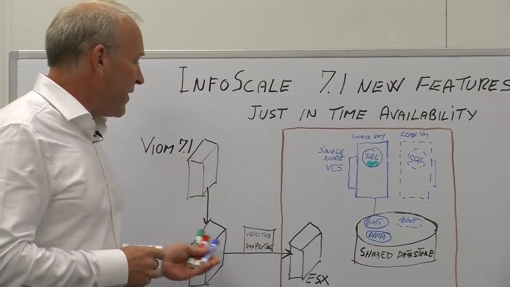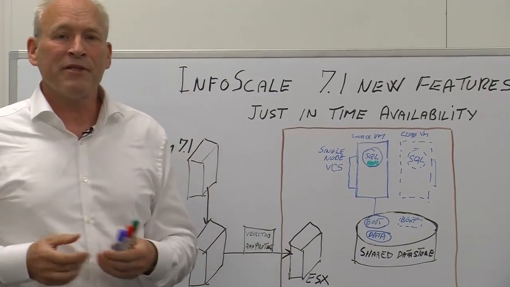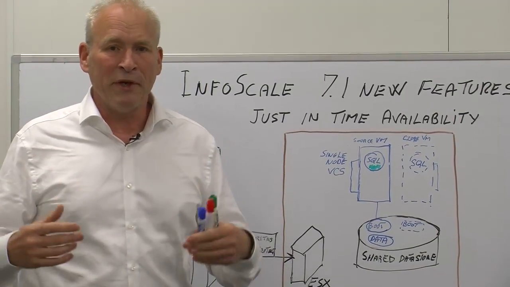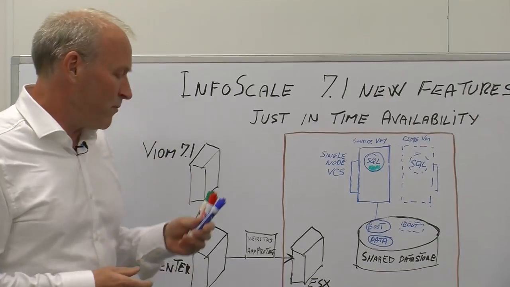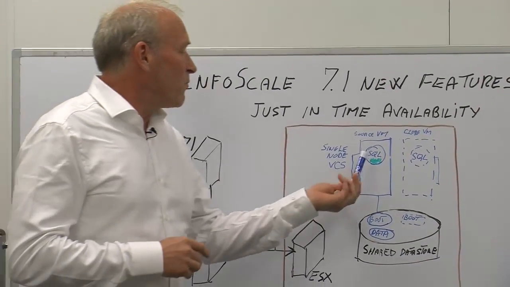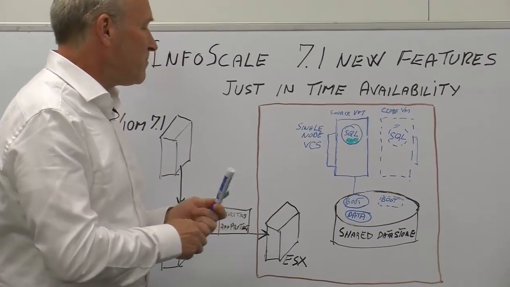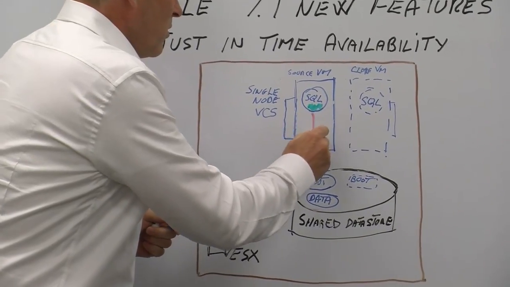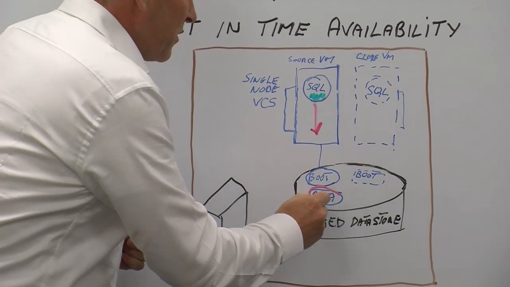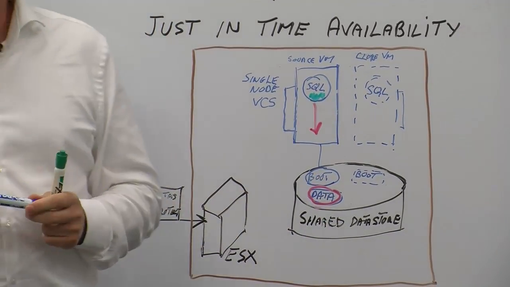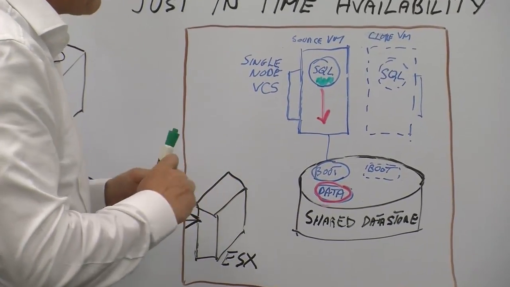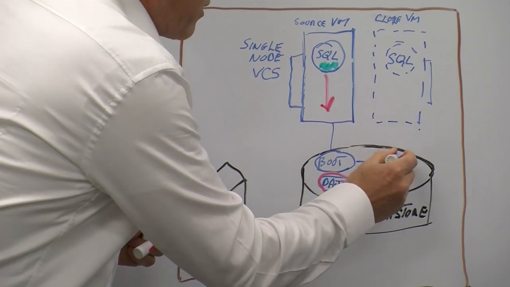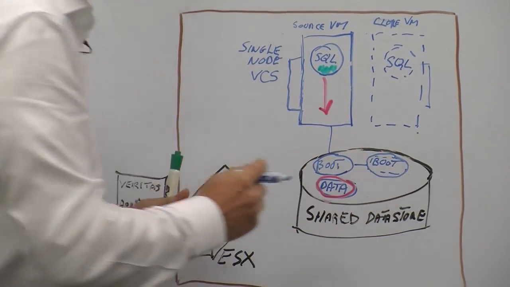When all this is in place, we can fire off the maintenance plan when we need to do maintenance on the source VM. What will happen first is that we will take the application down, and then we'll detach the data disk. After that, we will start creating a clone of the boot disk.